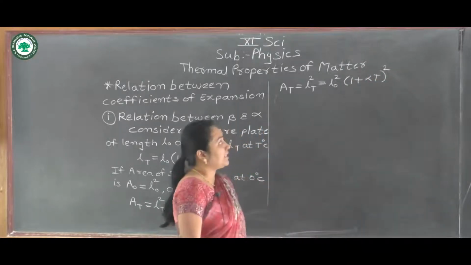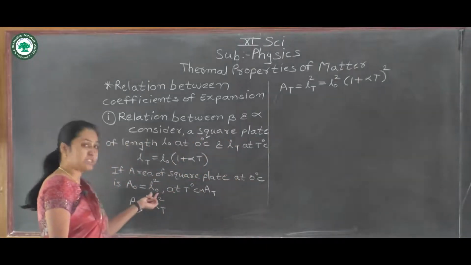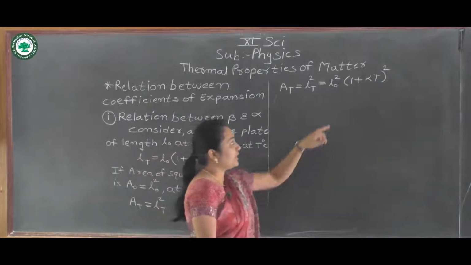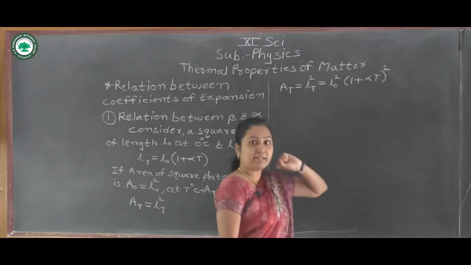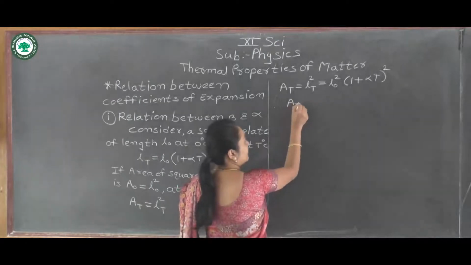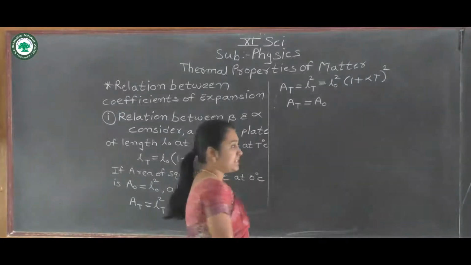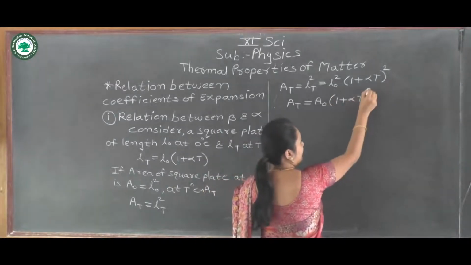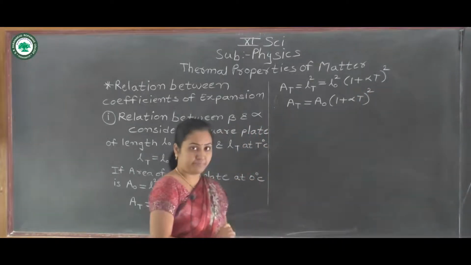Now we have L0 square is equal to A0. So by substituting A0 instead of L0 square, we can write the same equation AT is equal to A0 in bracket 1 plus alpha T bracket square.